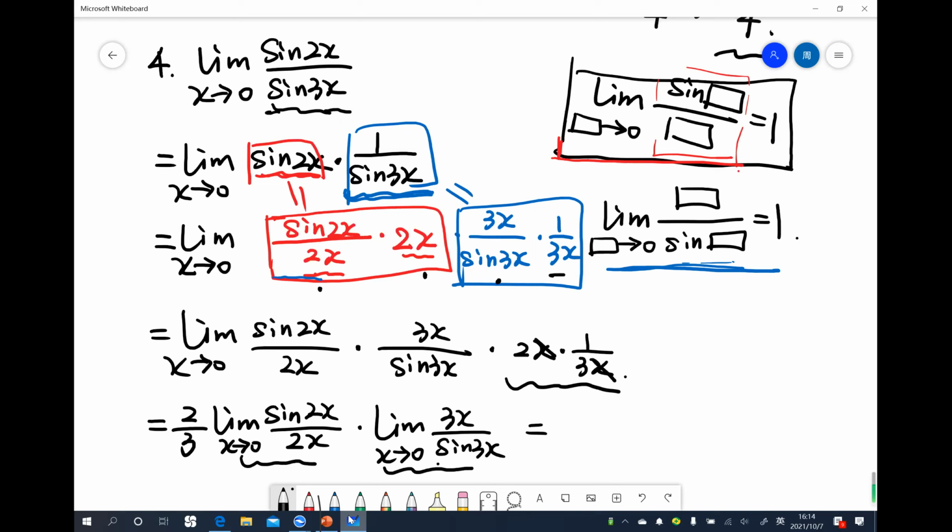This limit is also 1. So that equals to 2 by 3 times 1 times 1 equals to 2 by 3. And this is the result of the question number 4. Can you understand? How many of you can understand?